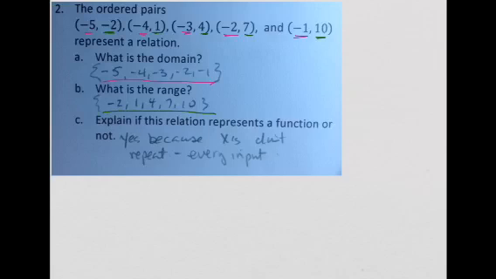Explain if this relation represents a function or not. Yes, it is a function. One way of explaining it is because the x's don't repeat. If you look at your x's, -5, -4, -3, -2, -1, they don't repeat.